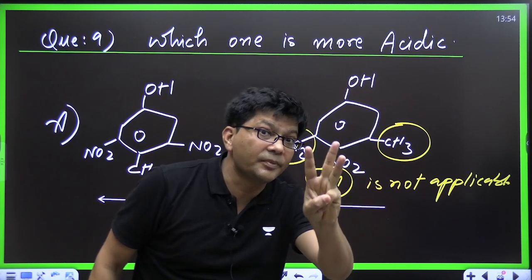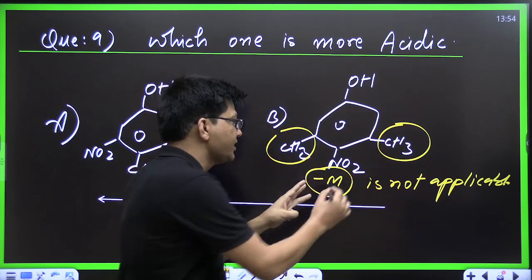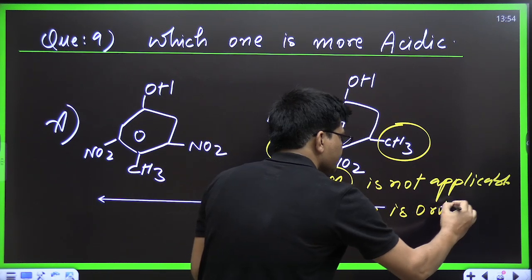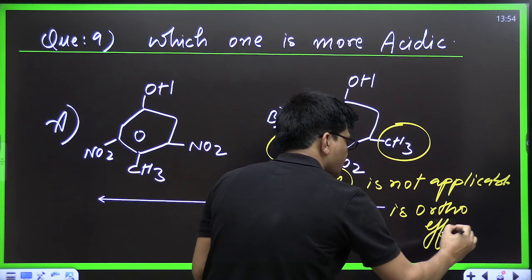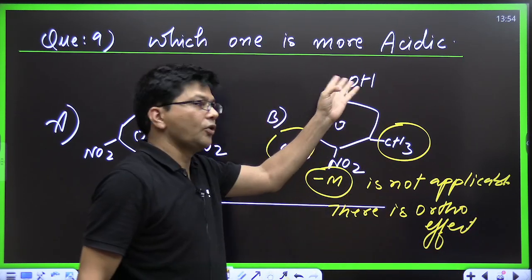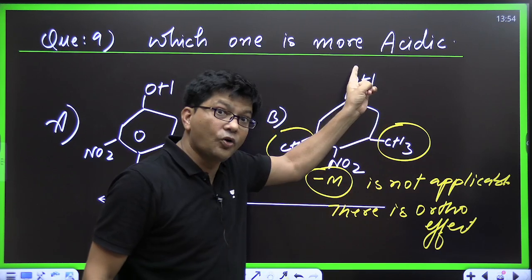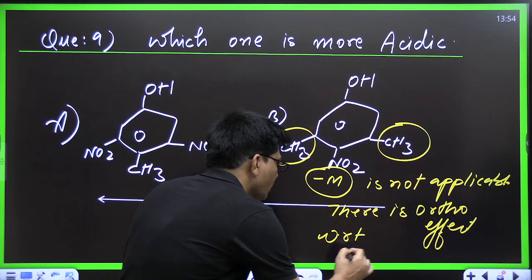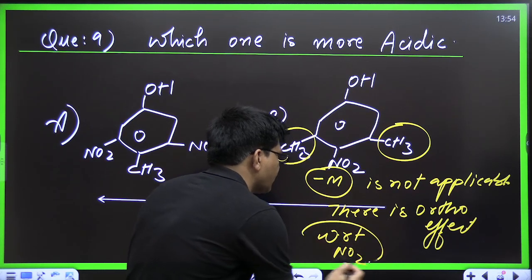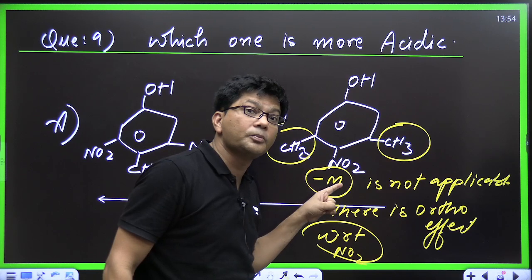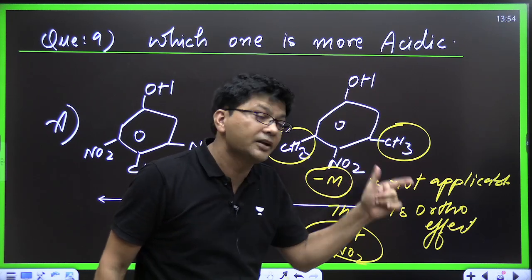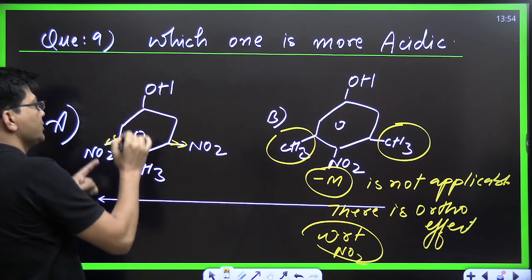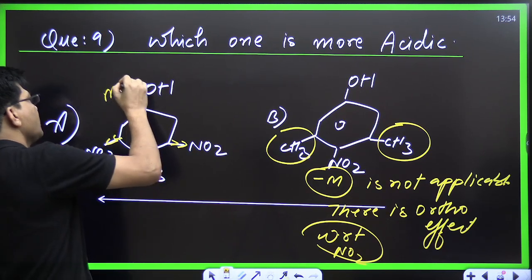NO2, 3 atoms, is bigger, and due to steric hindrance, there is ortho effect. Now you will say, sir, you told us in phenol there is no ortho effect. In phenol there is no ortho effect, but with respect to NO2, there is ortho effect, and it is not able to apply its minus M. Only it will apply its minus I, and their minus I is more because they are lying nearer. So this is going to be more acidic.